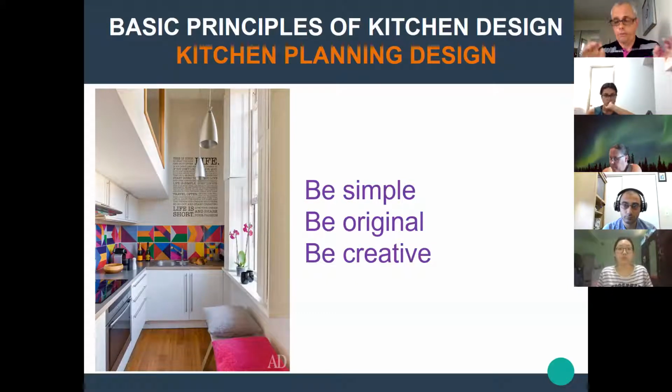So after you do the mood board, after you understand what your customer wants, after you understand your customer's needs, you gather all the information you need, and you start the second step. Go online, gather magazines, and start to make a collage of the different solutions the designers and architects did. So this is not for you to copy, but for you to use as a model, to inspire you.